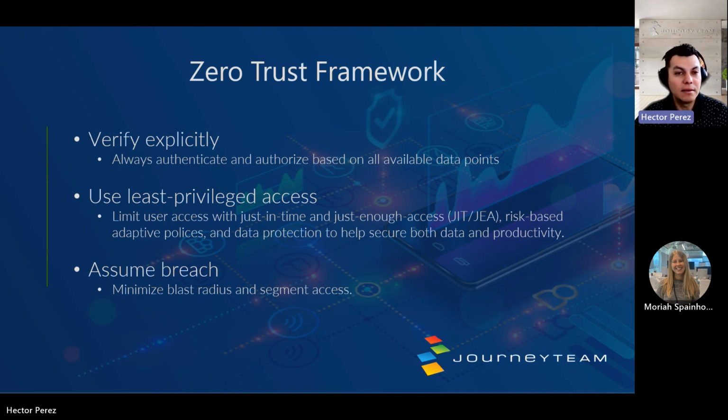And then third, assuming breach, and assuming that at this moment in time there is a compromised account or system, and we're configuring things in such a way that if an account in your environment is compromised, we minimize the blast radius and we segment access so that it doesn't allow bad actors to have a more profound impact on an environment.